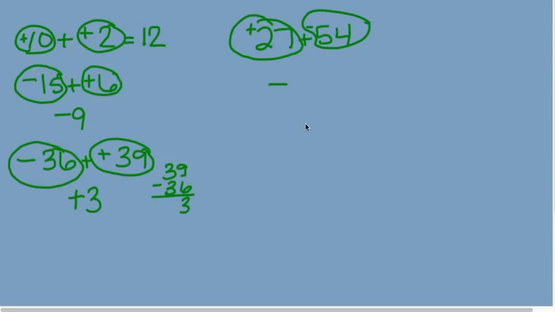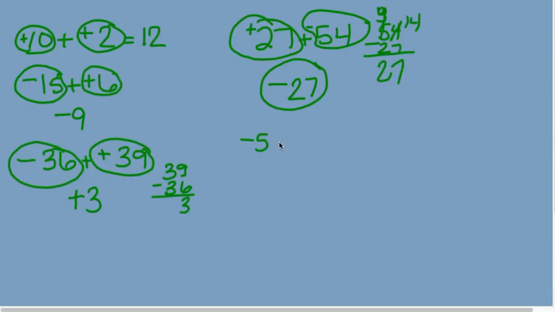Well, the negatives obviously have more players. So then all I do is subtract 54 minus 27. 4 minus 2 is 2, 14 minus 7, oh, 27, there we go. Negative 27. Negative team won by 27 more players.